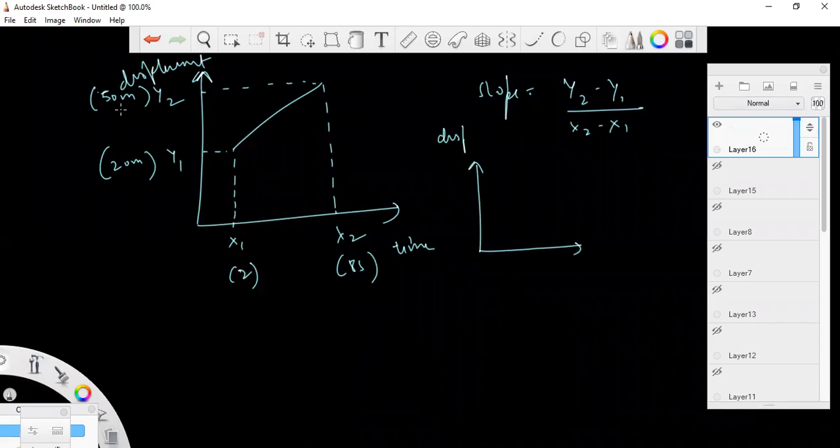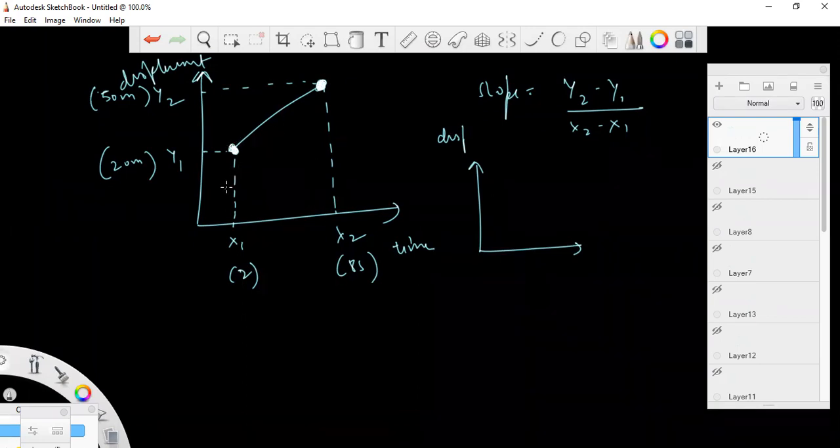For this, if I ask you to find the average velocity, what do we do? So it'll be 7.5. No, sir, 5 meters per second, right? See, I'm only asking you what the velocity is for this period between the dots where the curve is there.